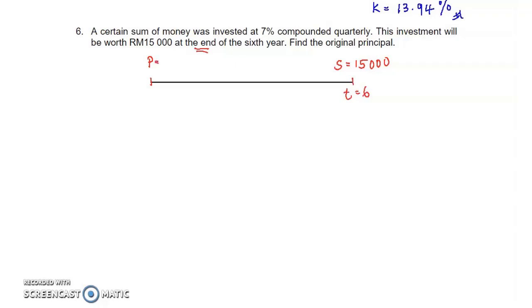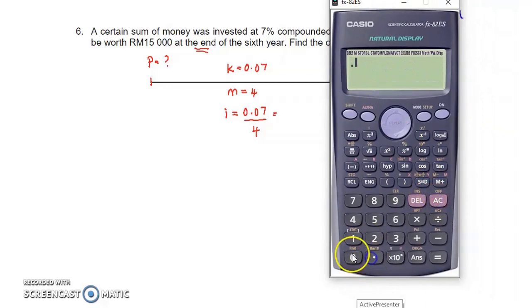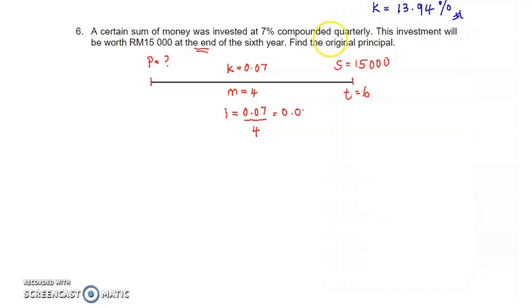So K is 7% compounded quarterly, so M equals 4. Now let's calculate value i. i equals K over M, so 0.07 divided by 4 is 0.0175. n equals M times t, and t equals 6.